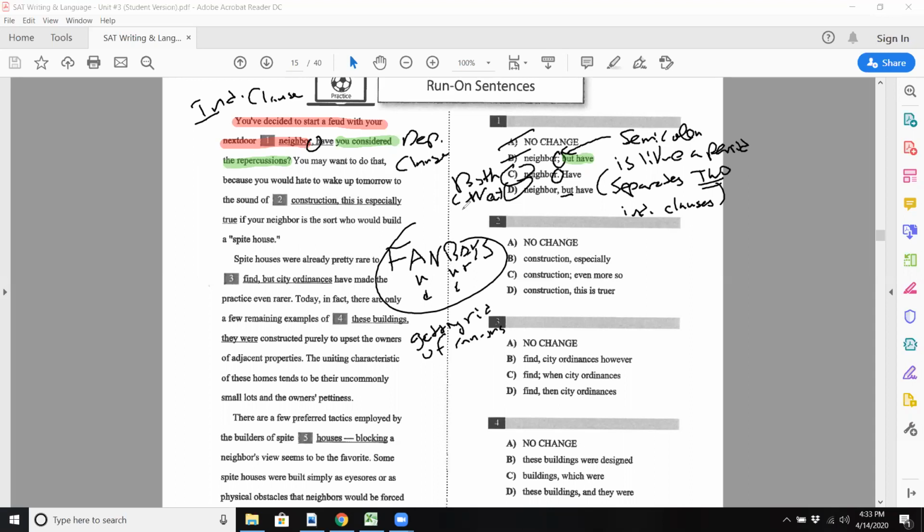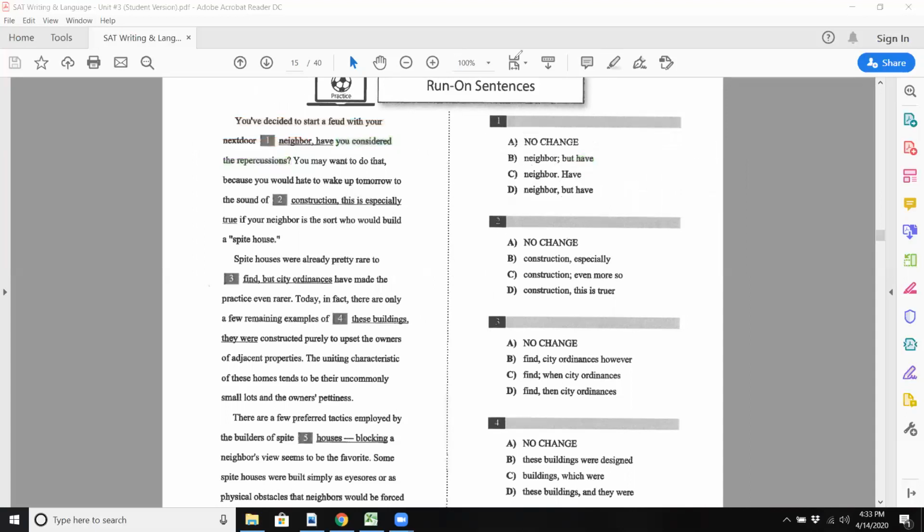Look at 2: you may want to do that because you would hate to wake up tomorrow to the sound of construction. This is especially true for your neighbor's sword who would like to build a spite house. So I'll go and clear this. You may want to do that, meaning consider the repercussions.